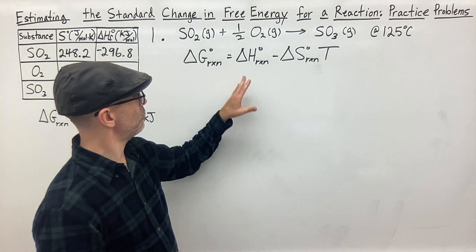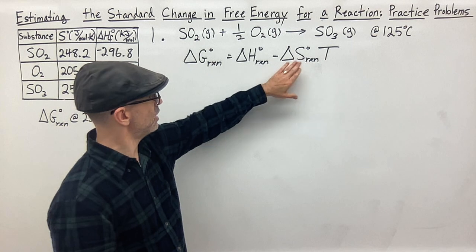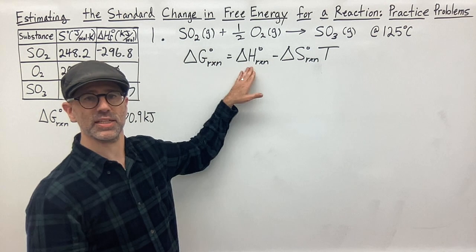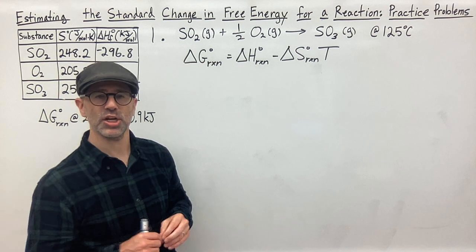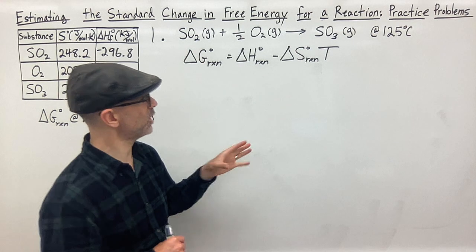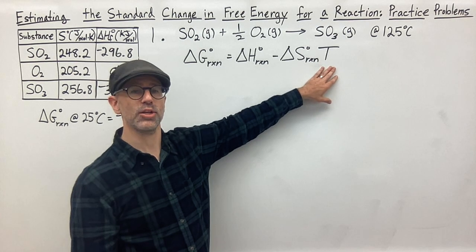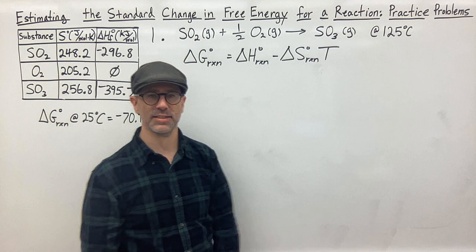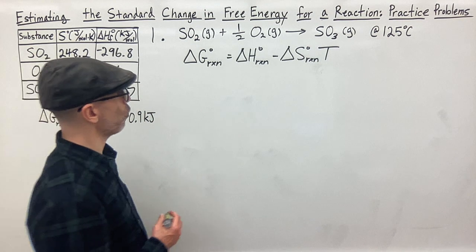Even though we're changing temperatures, the standard change in entropy and the standard change of enthalpy under a limited range of temperature change very little compared to the larger change in temperature. So we can use this to get a good estimation, even though it might not be exact, right? So we're going to do the same thing we did before.